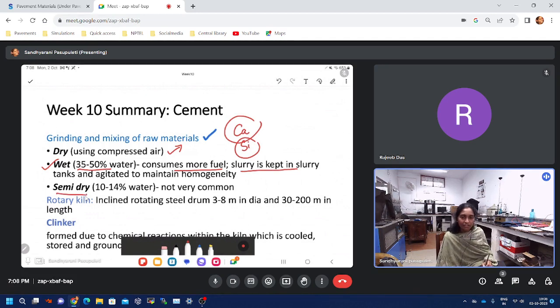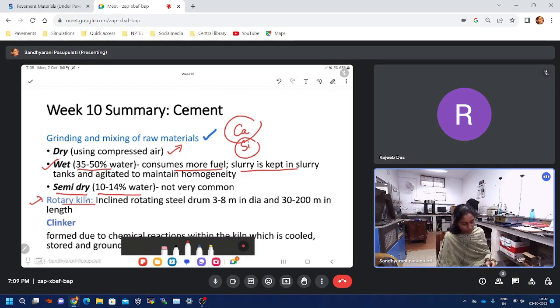There is another kind of process called the semi-dry process, where we will not be adding a higher amount of water. We will be adding around 10 to 14% of water, which is not a very common method in practice. So whatever I have mixed or ground now, whether dry or wet, I will be keeping into a kiln, which is a rotary kiln.